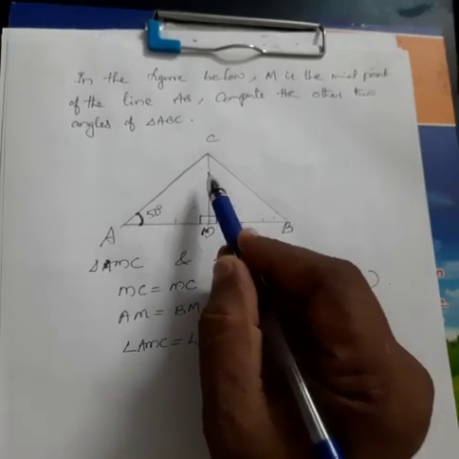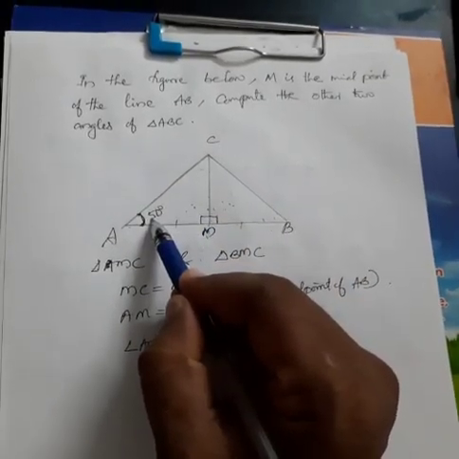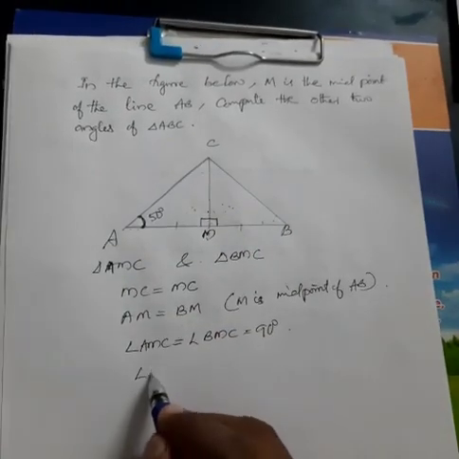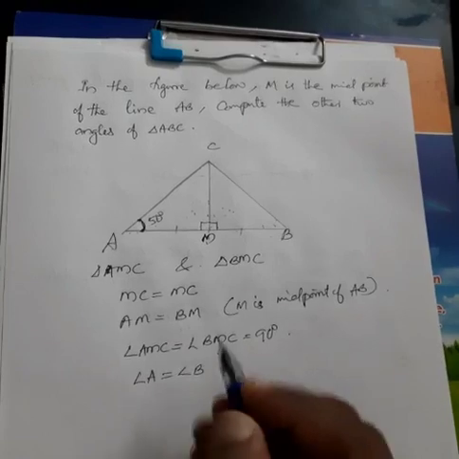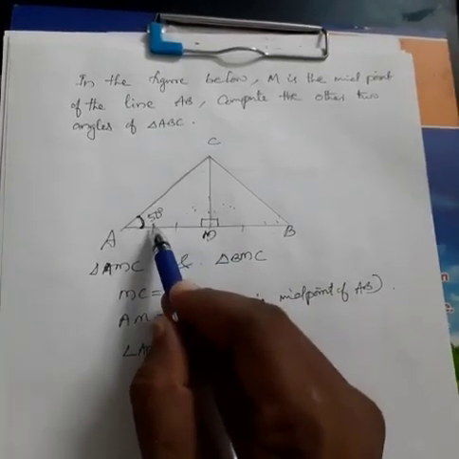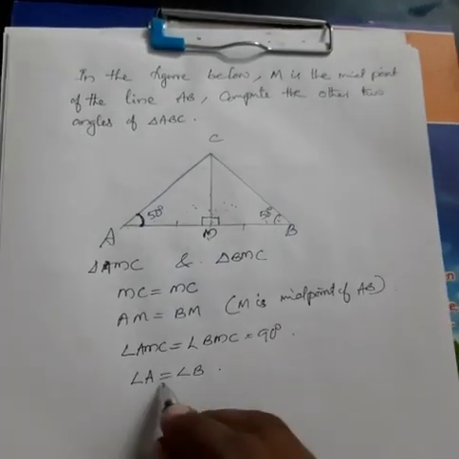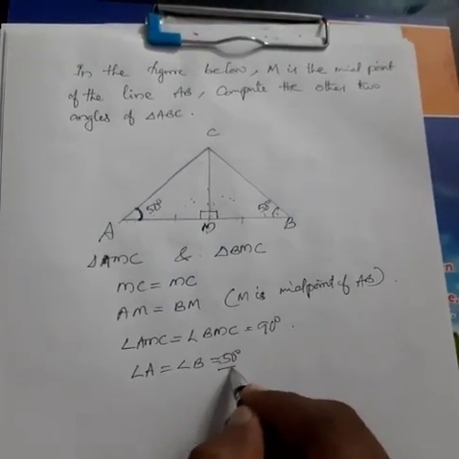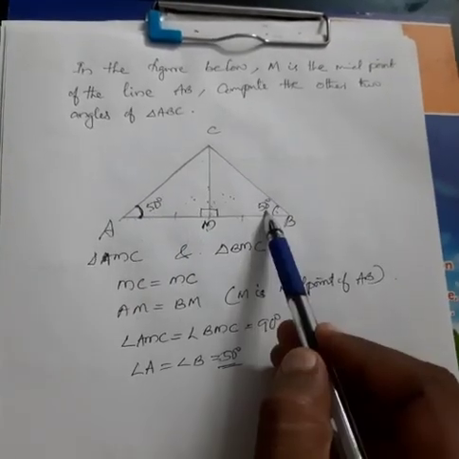Then MC is the common side for both the triangles. So opposite of this angle is here, so angle A. Then opposite of this angle is angle B. And what is the value? If angle A is 50, angle B is also 50 degree. So both are 50 degree each. So here two angles you got.